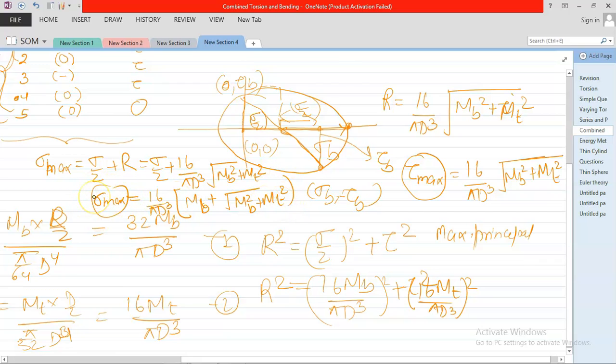Anyone has any problem in this? Please, this is one of the most important concepts that you will use in your machine design. Please ask if you have any problem, I will explain it again. Hello, is there any problem in this?